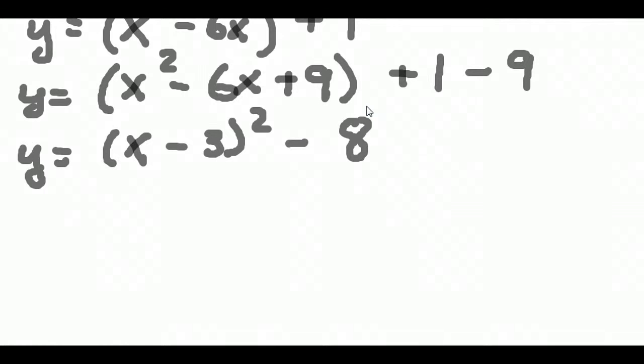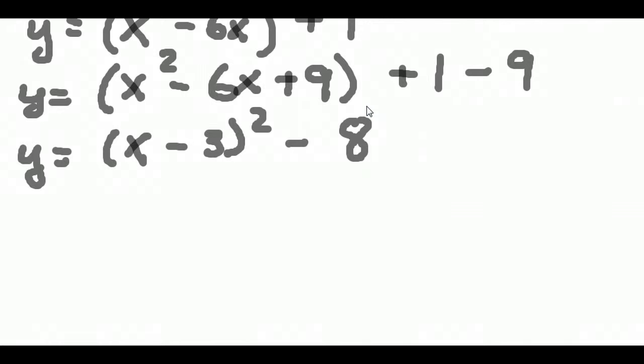Okay, and I have a question about the squared. How did it move from the x squared to the outside of the parentheses? Oh, okay. So if we have x squared minus 6x plus 9, we can factor that because it's a perfect square. So that's why we factored it, and that's why we added that 9. We completed the square.